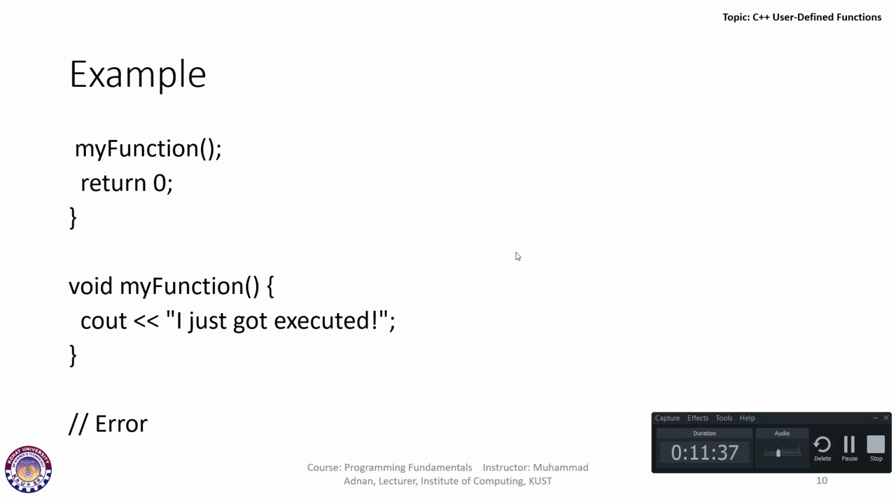So this will give you an error. Why? Because you notice that we haven't defined or declared the function before the main function. So you can also try it. This is the body of your main function, whereas this is your function definition, which you have written after the main function.